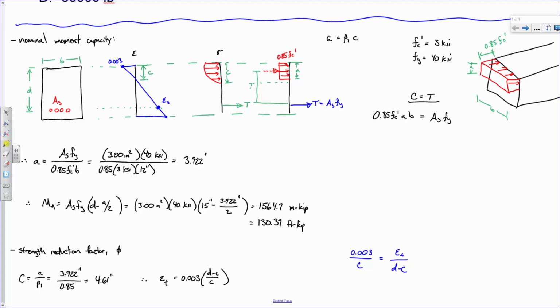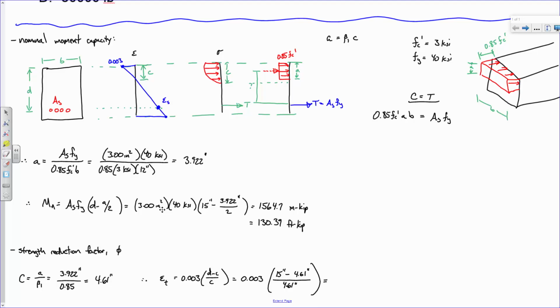That's d. So 0.003 times (15 inches minus 4.61 inches) over 4.61 inches. And that equals what? 0.0068.